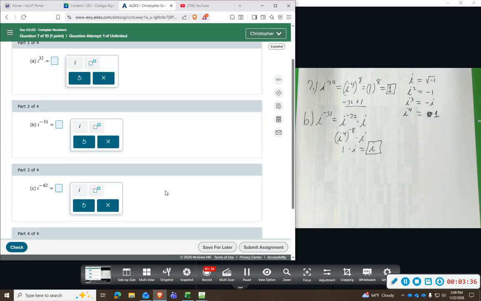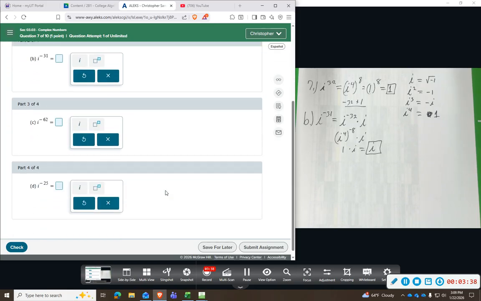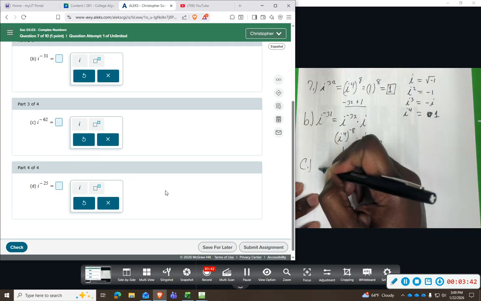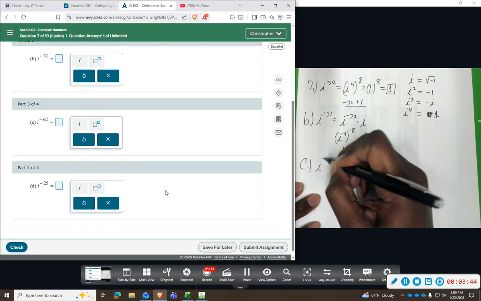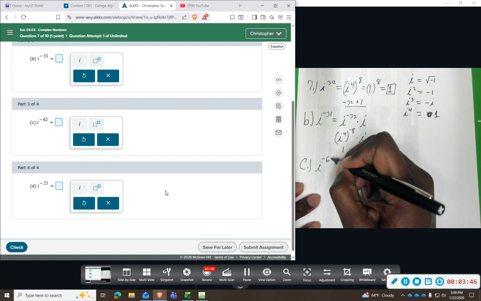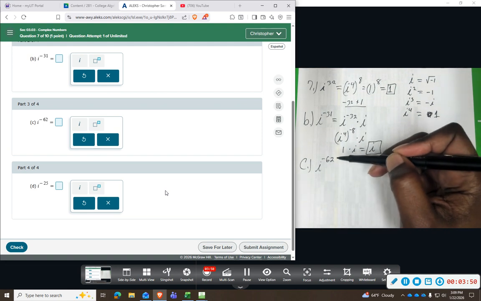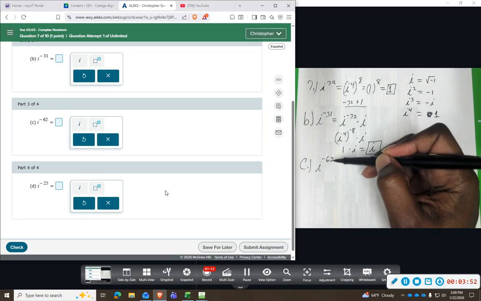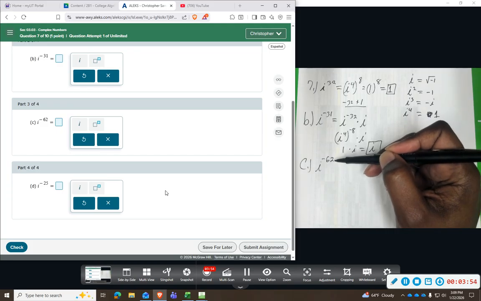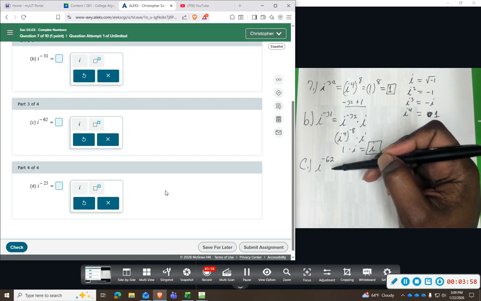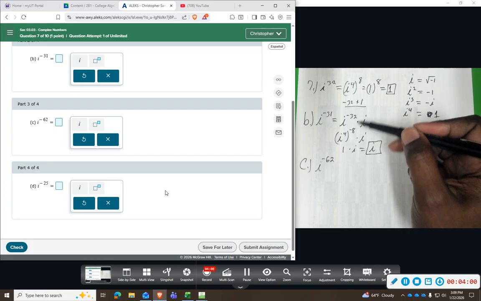The third part, C, we have i to the -62nd power. Once again, I want to rewrite this as a multiple of 4. This time I could either go up or down, but I think I'll just leave it the same.